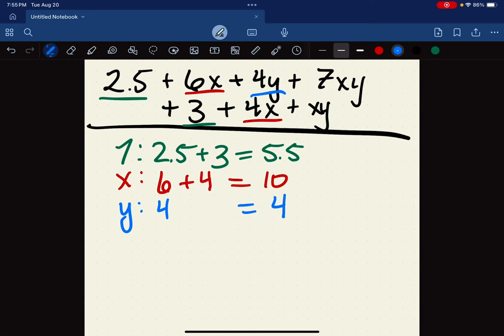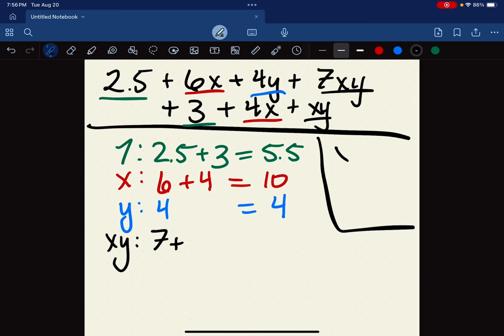And then, let's see, I'm out of colors here, but I'll go ahead and do this one in black. We have 7xy and xy. So our xy terms, we have 7xy's, and we have 1xy, right? So for variables, I didn't mention this earlier. If I just have x, that is the same thing as 1x.